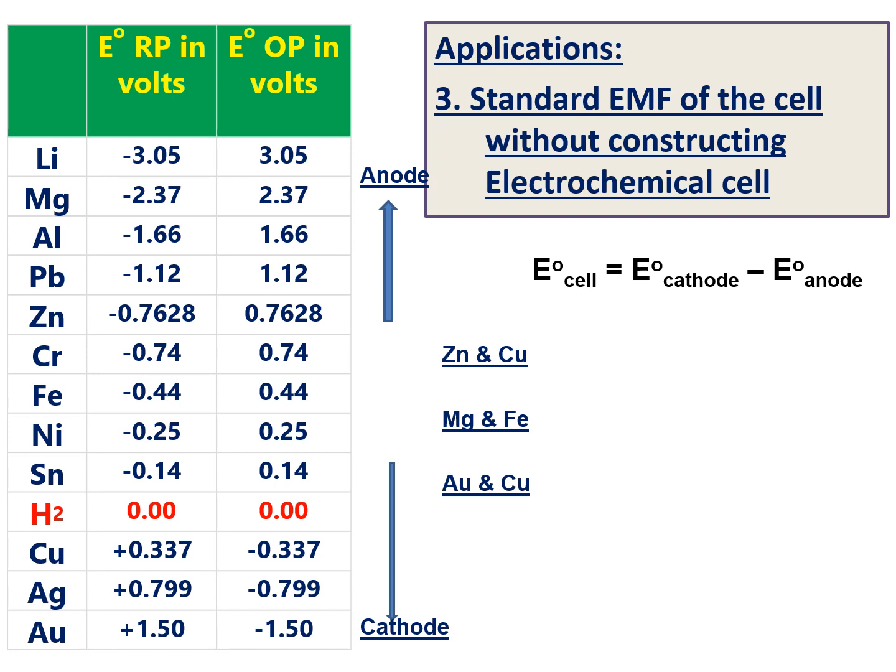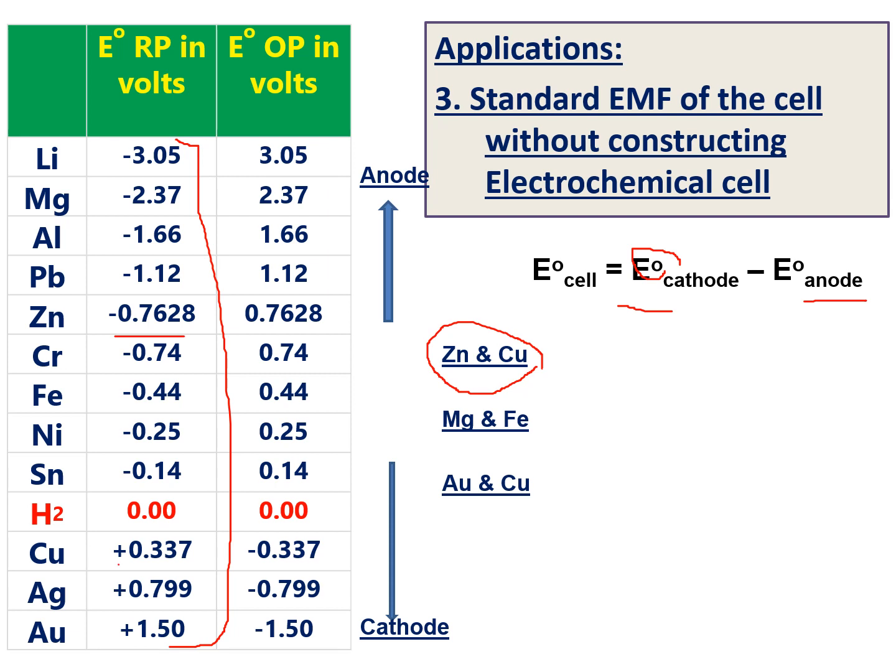You know the formula: E naught cell is equal to E naught cathode minus E naught anode. Here E naught means the reduction potential of the metal. We know the reduction potential of all metals. Just observe any couple, zinc and copper. Zinc reduction potential is minus 0.7628.